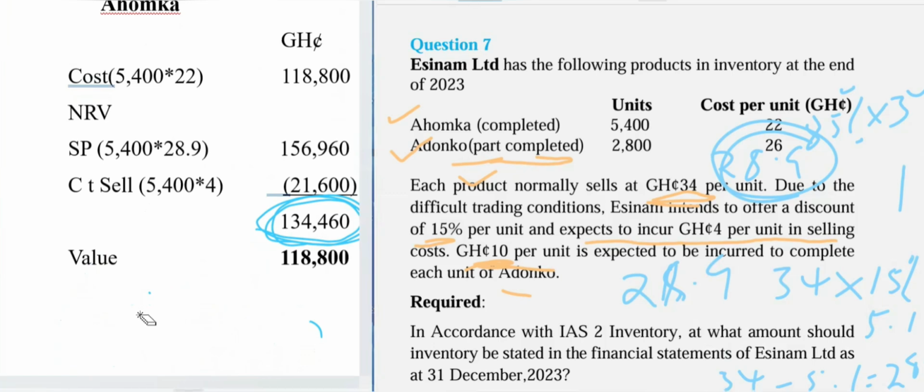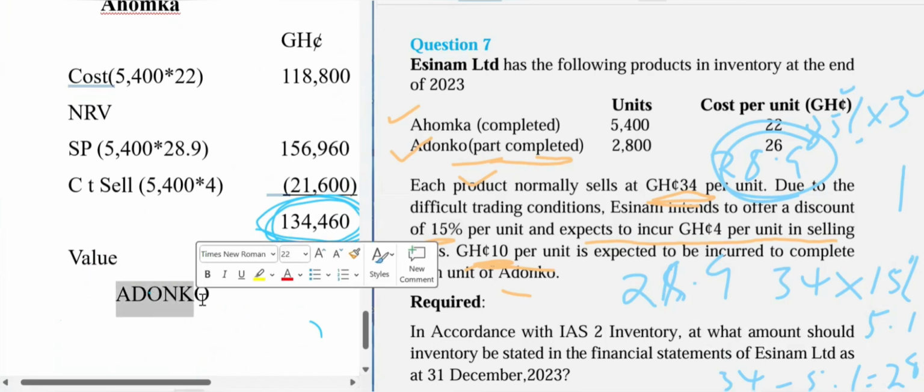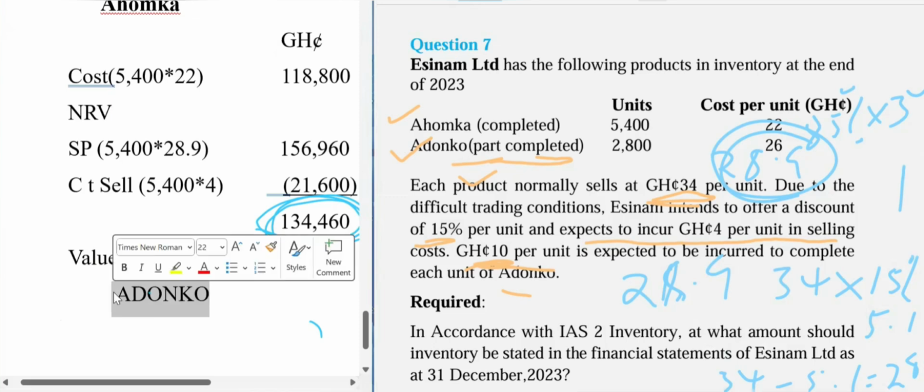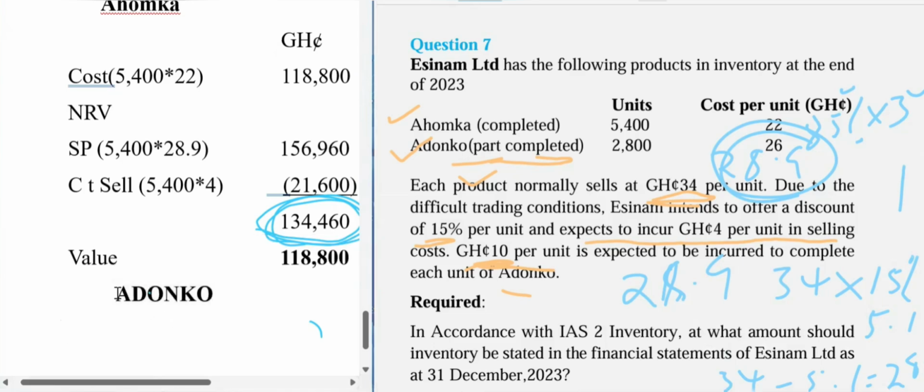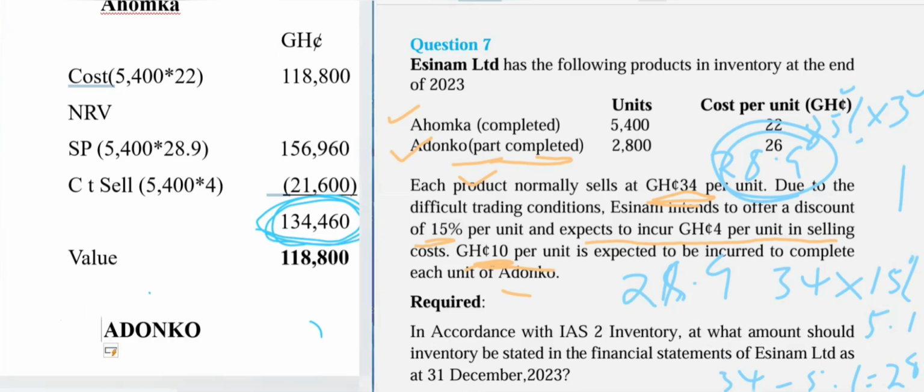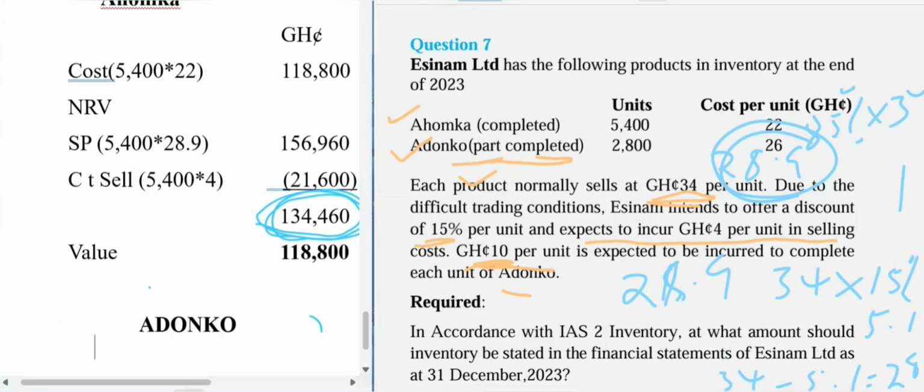Adonko is work in progress. And we said Adonko is work in progress because it is partly completed. So with that one, we have to factor in the cost to complete. So Adonko, let's start. Let's get the cost.